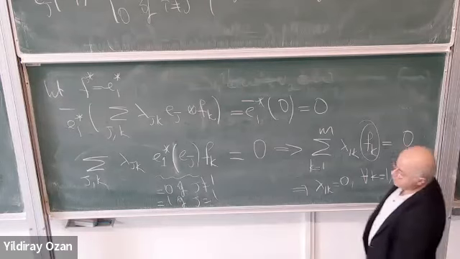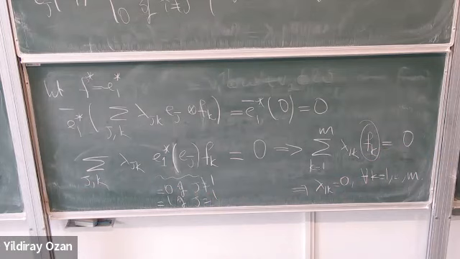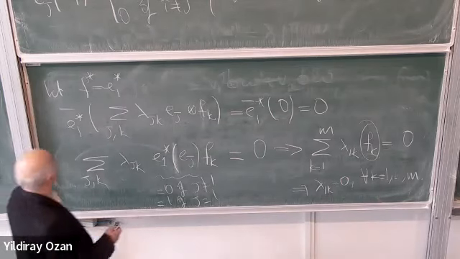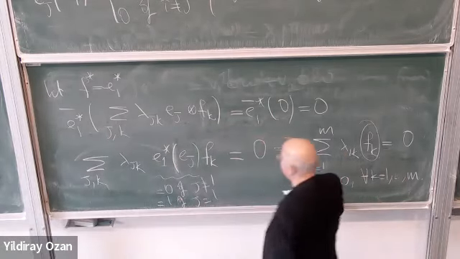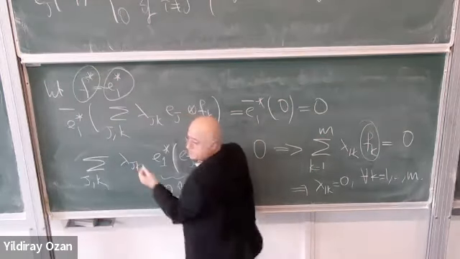My aim was to show that all these coefficients are 0. And we managed to show that these are 0. But I can do it for all of them. How? I obtained this by choosing F star, E1 star.